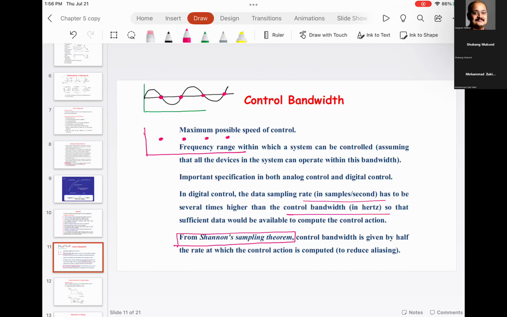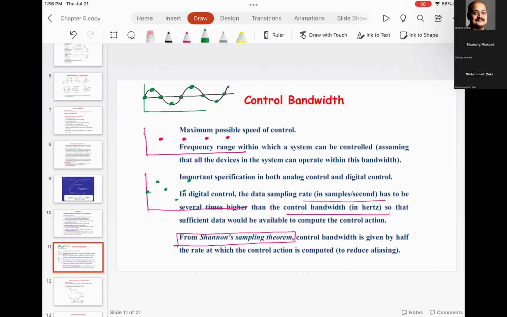So if you want to reconstruct this, in addition to taking snapshots at these points, we have to take snapshots here, here, here, and here. Then we can add the missing piece of information.